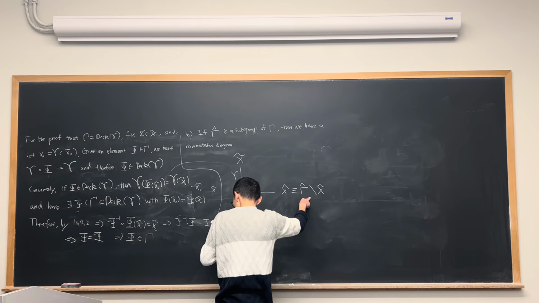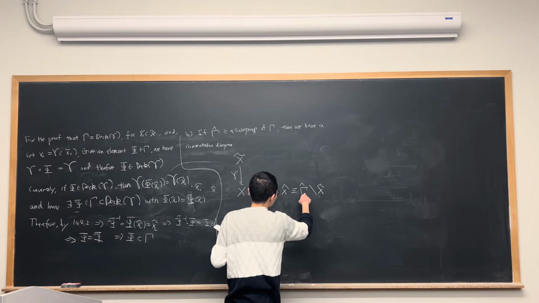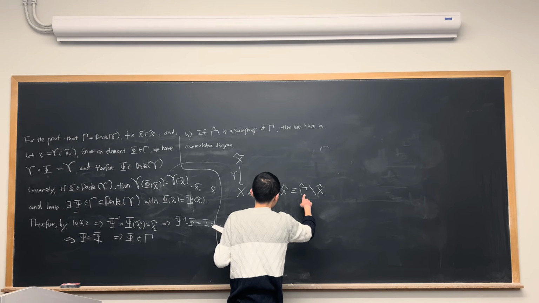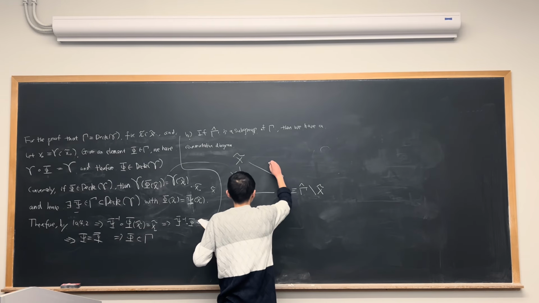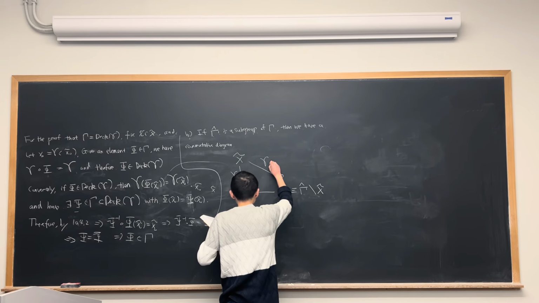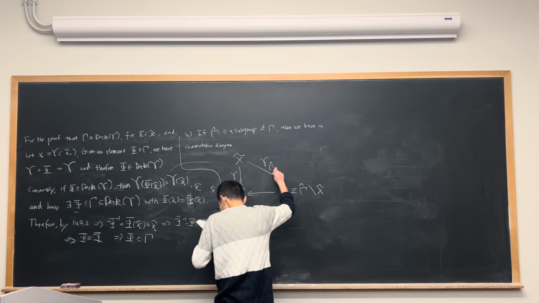So this is the quotient of x tilde by the action of gamma hat. And then this is the gamma of gamma hat, to be determined.